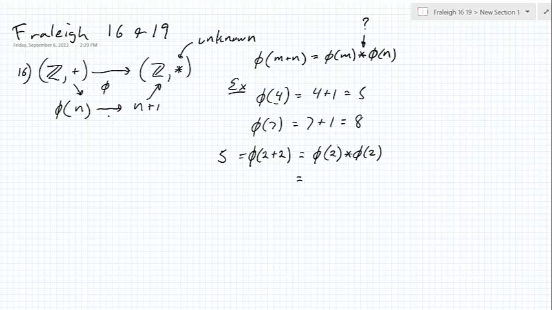So anyway, let's continue. We don't know what star does, but we know what phi does. Phi of 2 is 2 plus 1, so this is 3 star 3. Well, notice star can't be regular addition.